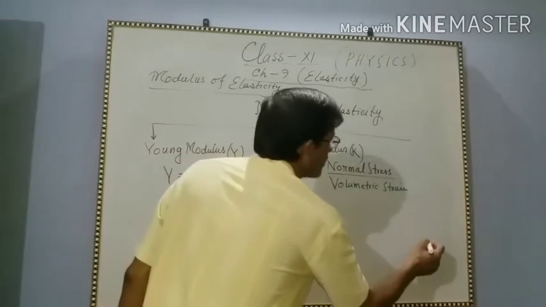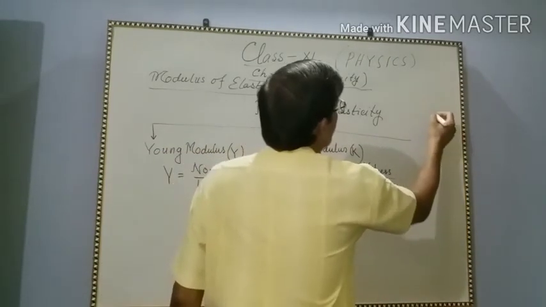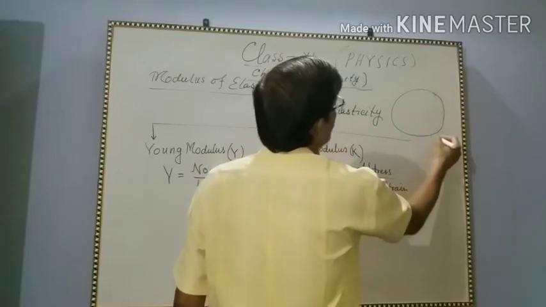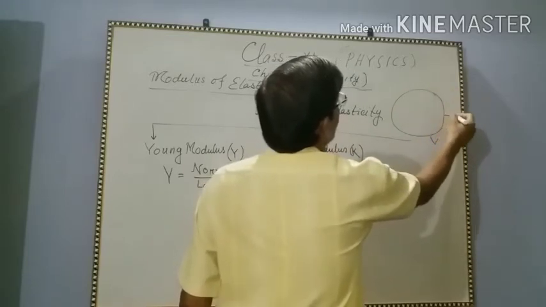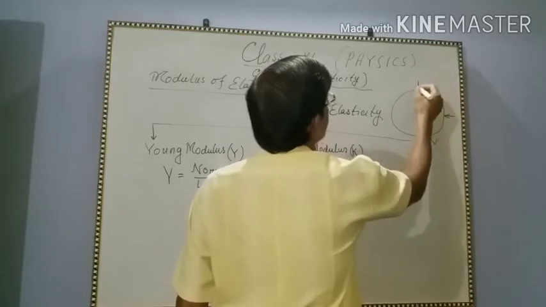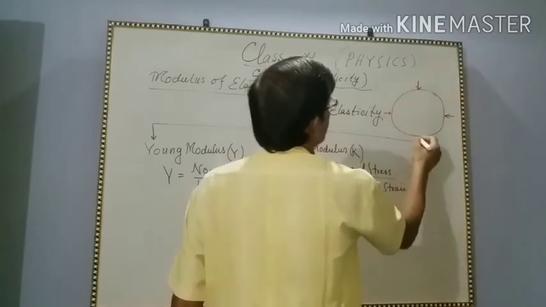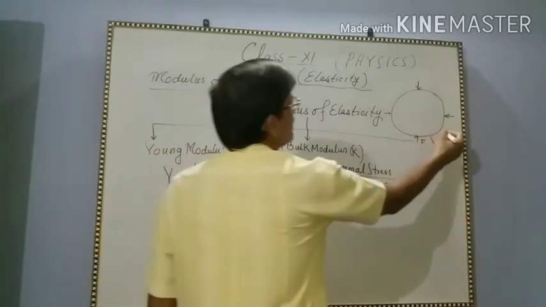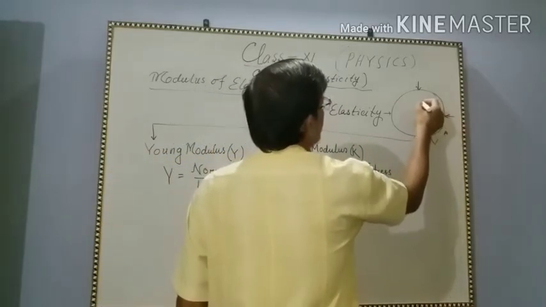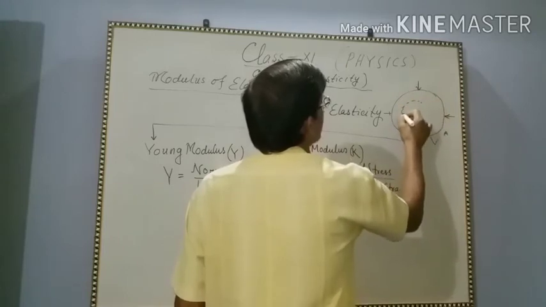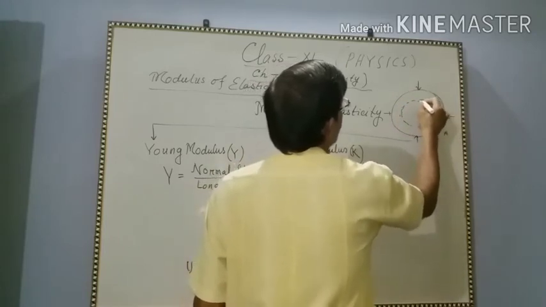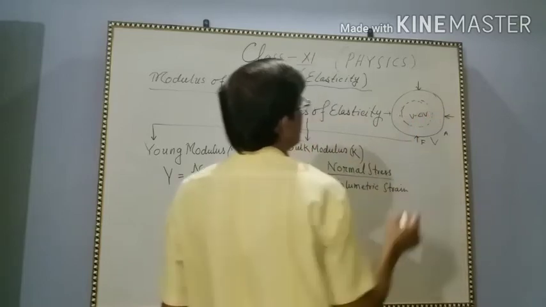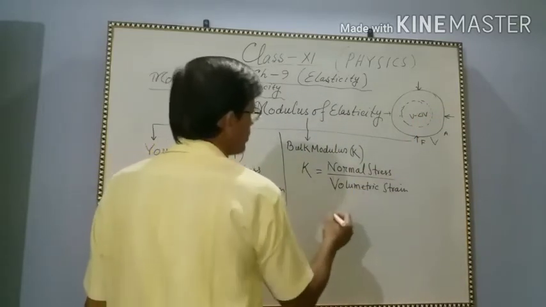Suppose there is a body, its volume is V, and a normal force F is applied in this direction, and its area of cross section is A. Due to the application of normal force, its shape becomes this. Now the volume is V minus delta V, a decrease. So what is normal stress?